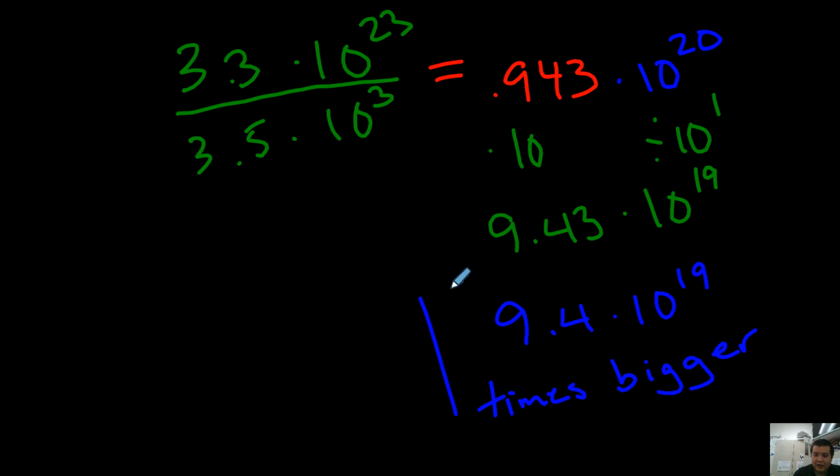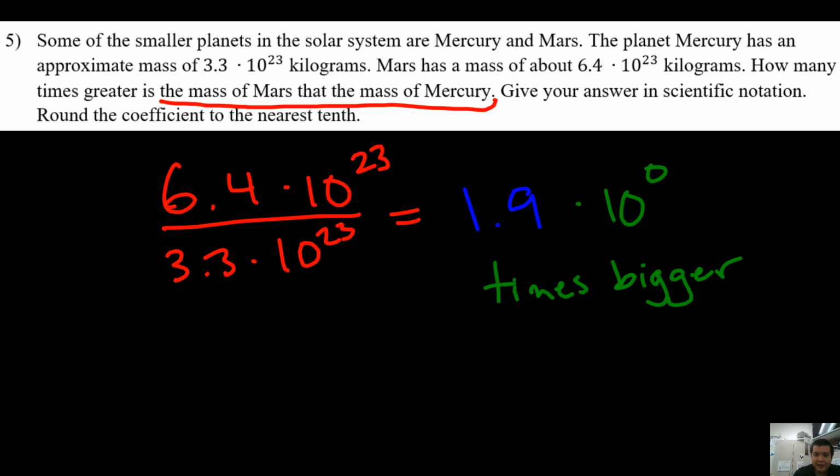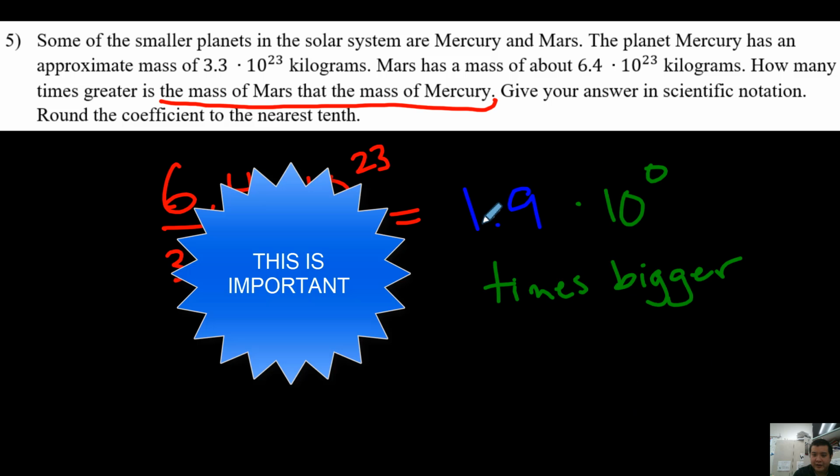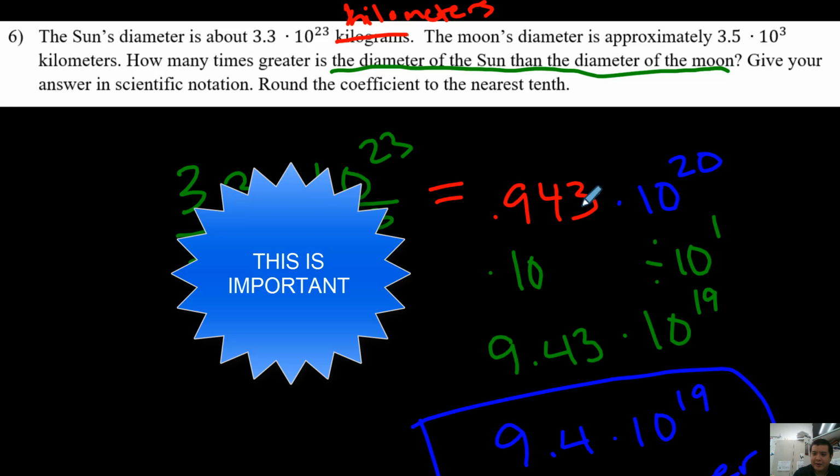Now notice in the last one that when it said round to the tenth place, I simply wrote 1.9. That's because I knew that this was already going to be in scientific notation, so I can round it to the tenth place. Here, I put down some extra digits because I knew that this is not going to give us a coefficient that gets us into scientific notation.